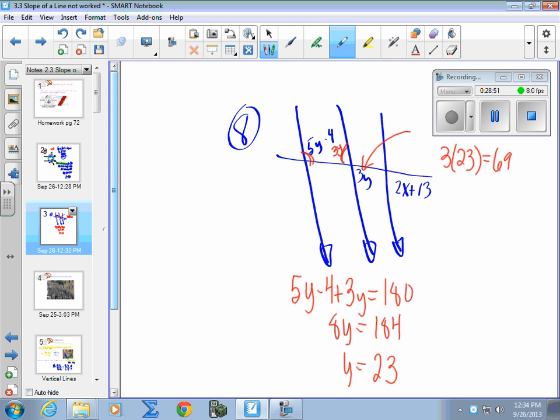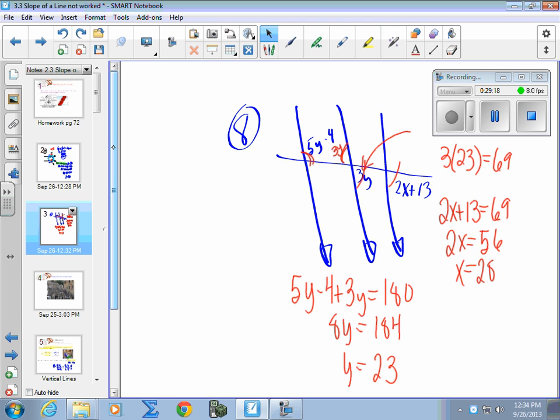What kind of angles are these angles? Corresponding. So corresponding angles are equal, so I know that 2x plus 13 is equal to 69. So 2x is equal to 56, is that right? So x is equal to 28. So for your answer, you should have gotten x is equal to 28 and y is equal to 23.